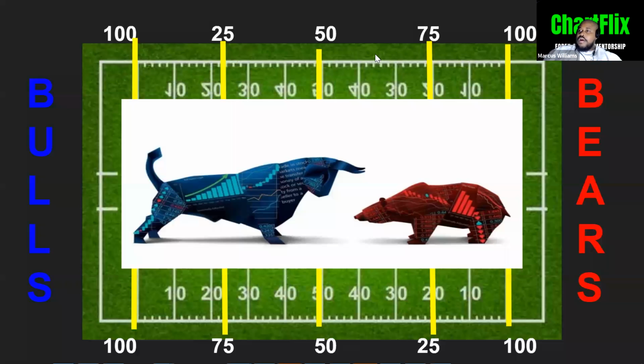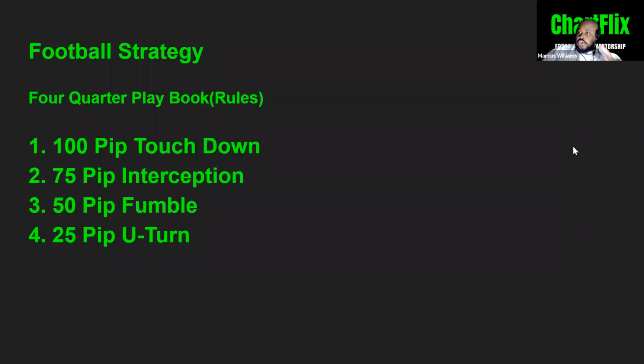However, we've brought football over to Forex, and we've been having massive success because we know that it's not GBP versus USD, it's not NZD versus JPY, it's not the Swiss franc versus the JPY, it's the Bulls versus the Bears.